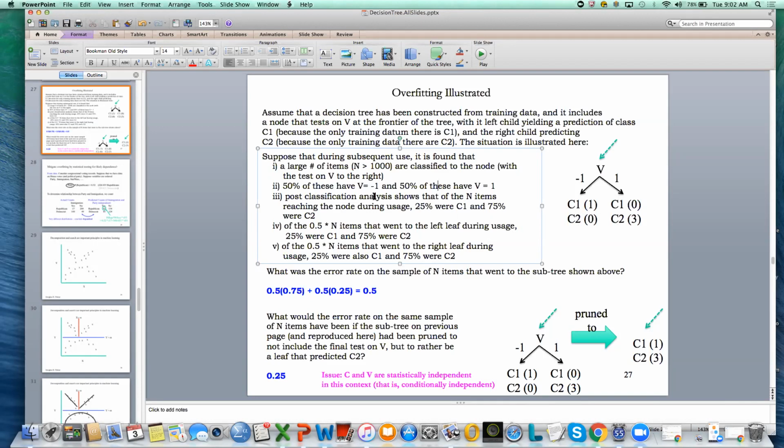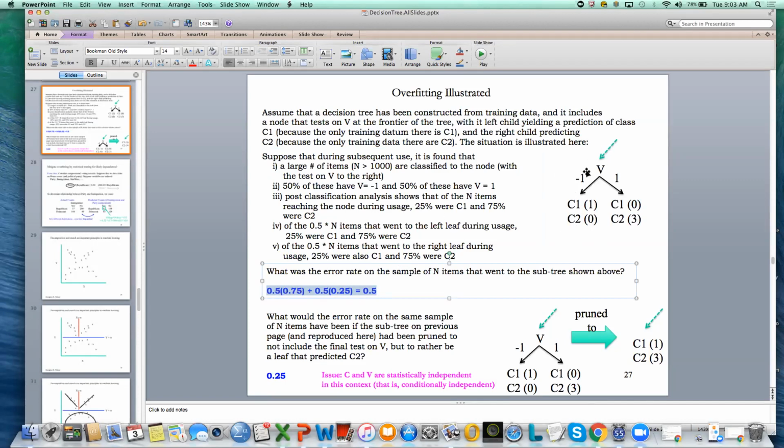And so if you were to compute the error rate based on these various conditions, and you can go through and confirm them, the 50% that come down here are going to be majority C2, but I'm always going to be predicting C1. And so 75% of the time I'm going to be wrong.